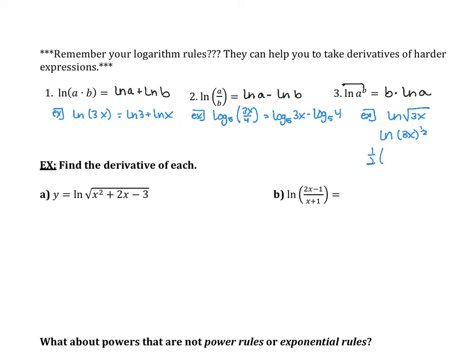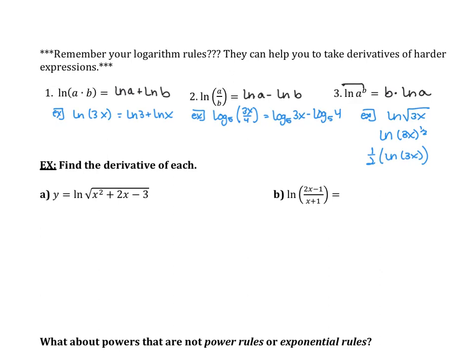So we'd have 1/2 natural log of 3x. I could then go on and simplify the natural log of 3x like we did in the first example. Okay, so let's try a couple where the problem looks more complicated, but it can be simplified a little bit more using our rules.